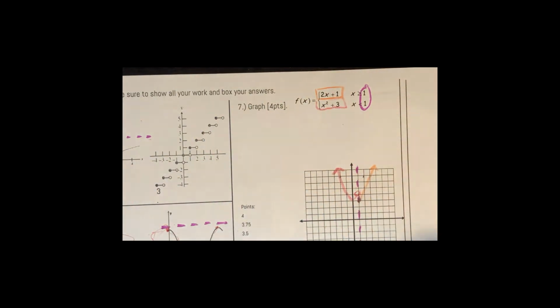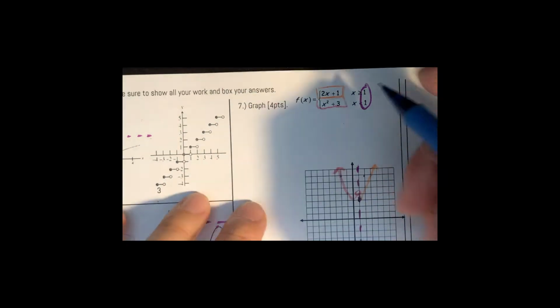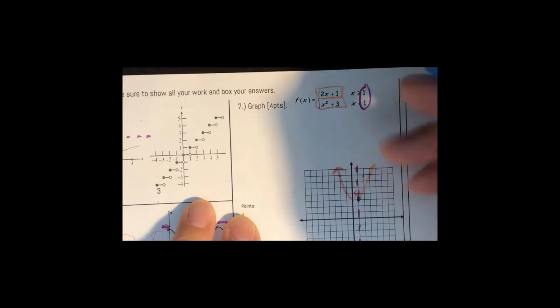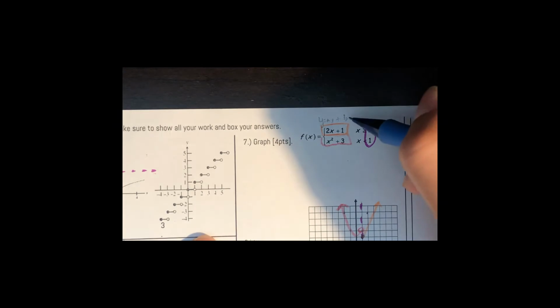Number 7, piecewise function. 2x plus 1 is in slope-intercept form. Y equals mx plus b, and my b is my y-intercept, where it crosses the y-axis.